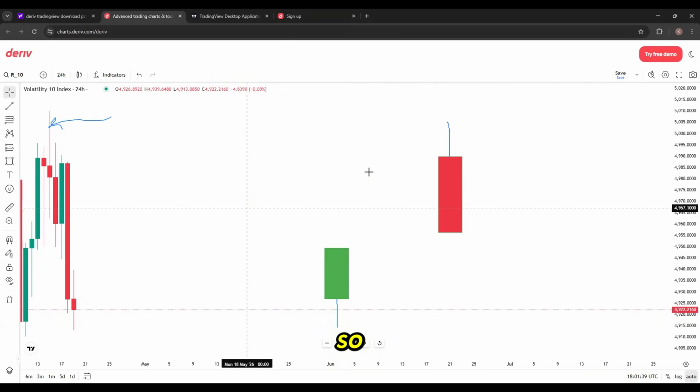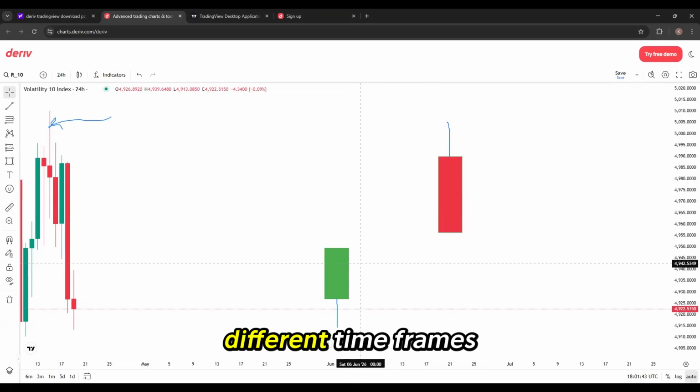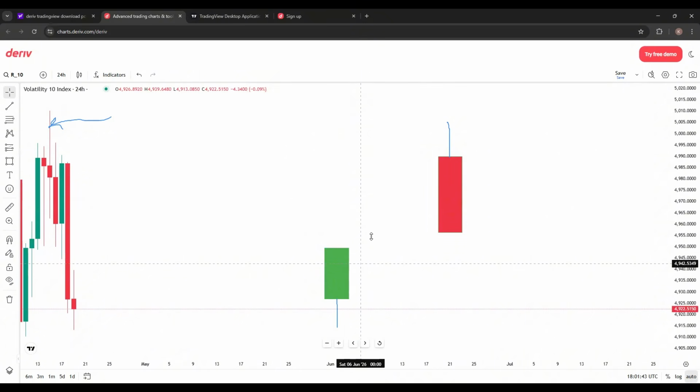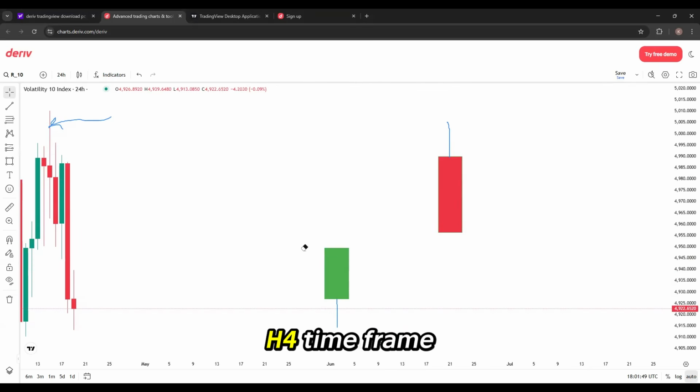As we have different time frames, this candlestick can open in an H4 time frame. Let's say this is our 4 hour. What it means is if we go to 1 hour, for example, let me show you this.